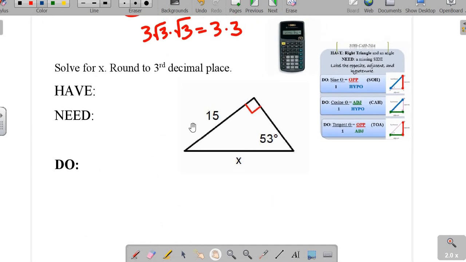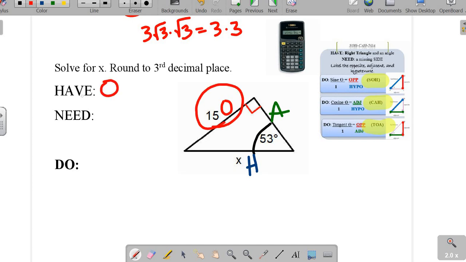Then what if you don't have 30, 60, 90 or 45, 45, 90? Then you're using SOH CAH TOA. So we take a look at what we have. We have the opposite. We want the hypo.